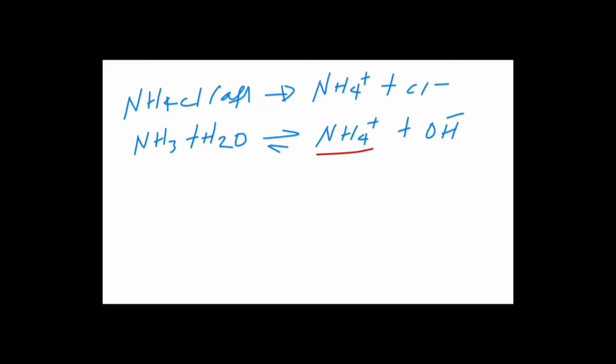So if we add NH4 plus to this reaction, there is a common ion effect. That means this reaction shifts to the left and decreases the concentration of OH and decreases the solubility of NH3. So it has these two effects.